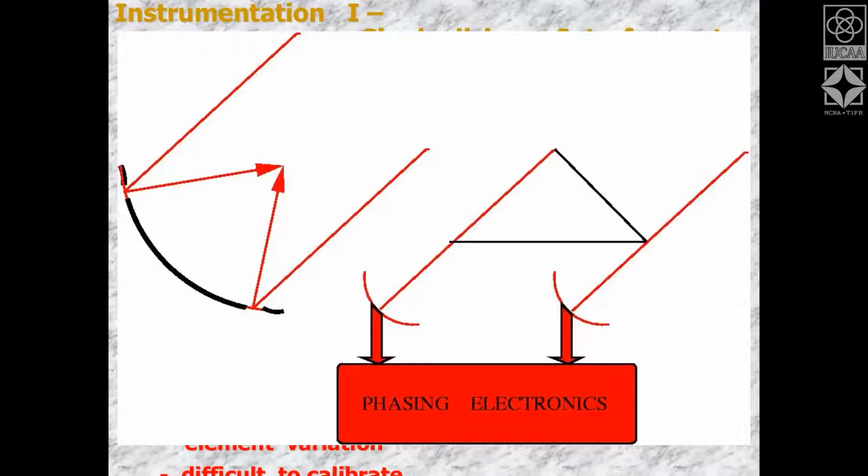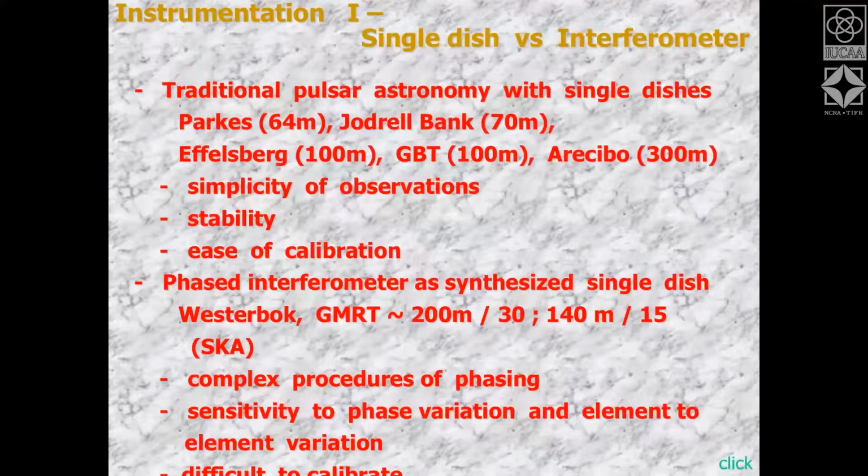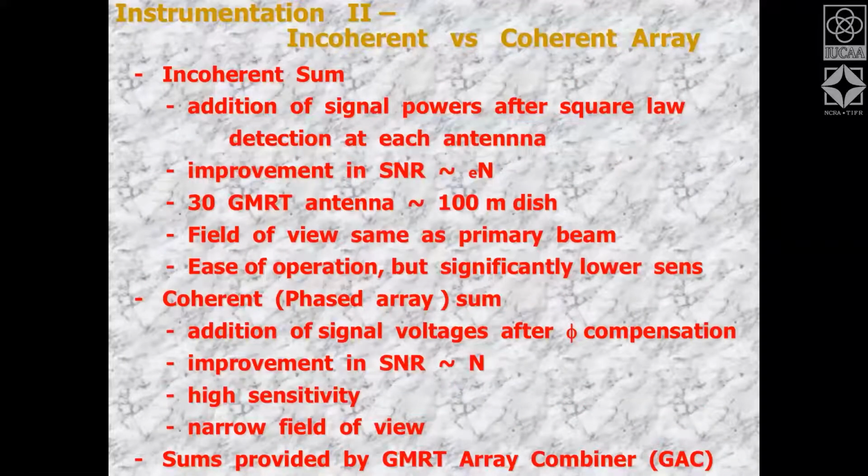So in a telescope interferometer like GMRT, or say the Very Large Array, VLA, or in future the Square Kilometre Array, this is the procedure which will be employed to phase all the antennas together and thus form a synthesized equivalent dish. And that is also known as a coherent array, because here the phases have been taken into account.